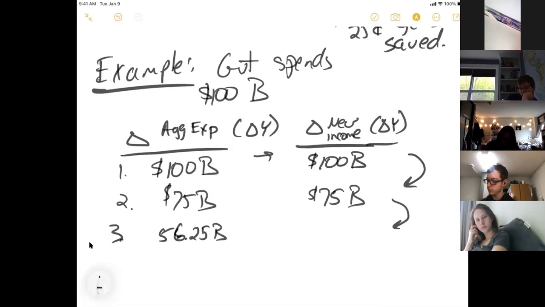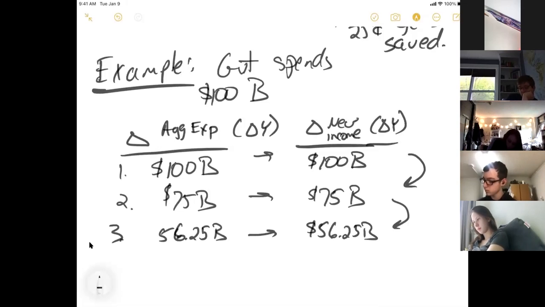That will create 56.25 in new spending, which then becomes somebody's new income. What do people then do with this money? They spend it, which creates new income, which creates new spending, which creates new income, which creates new spending. Hopefully you can see how this is working.